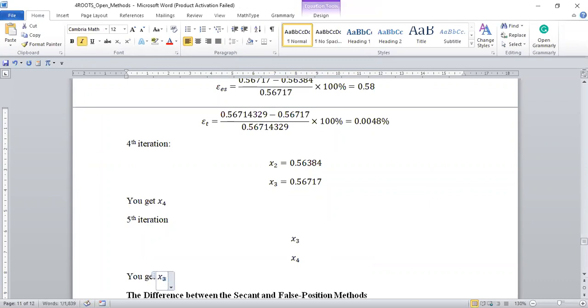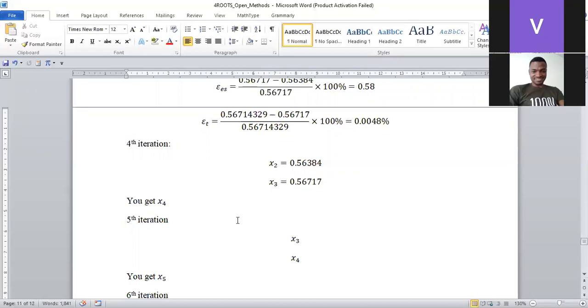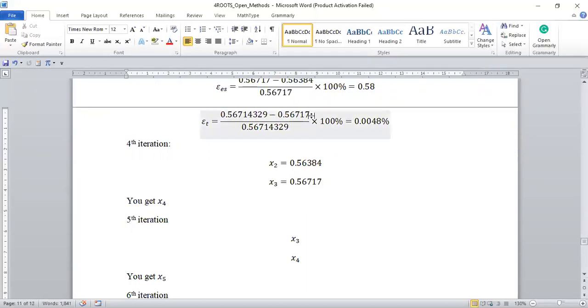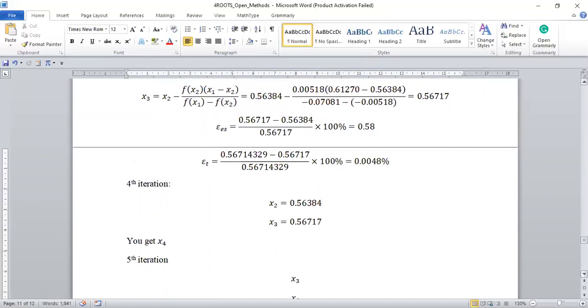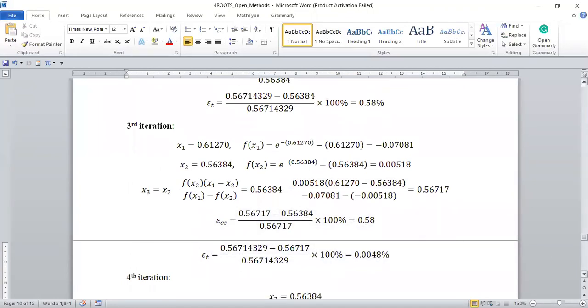For the sixth iteration, you keep on going like that. So this is the second method. You keep on going, and like I said, you keep track of the error at each iteration.